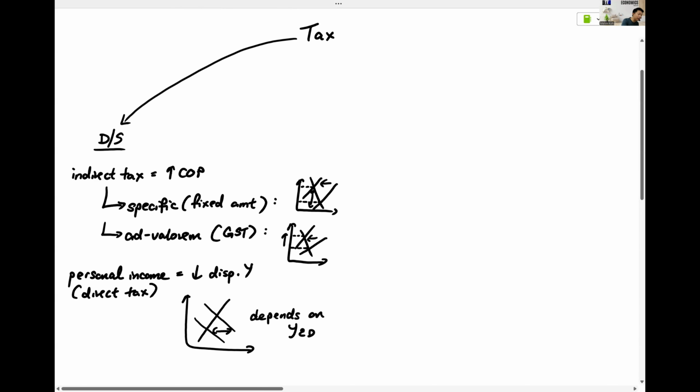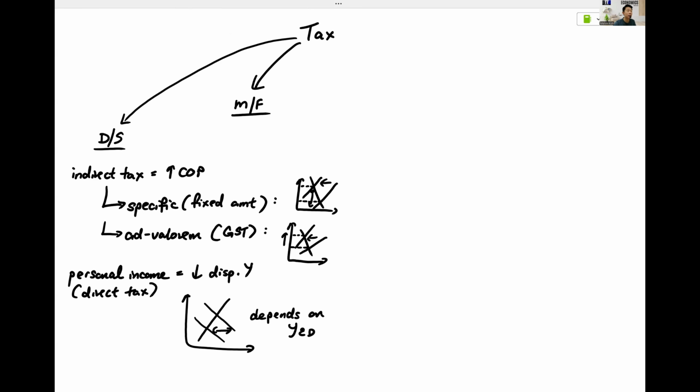What about market failure? In market failure, let's say we have a tax on factory output, factory pollution. So that clearly is an indirect tax, right? Which curve do we shift? When you have a tax on factory output, we shift the MPC, correct?